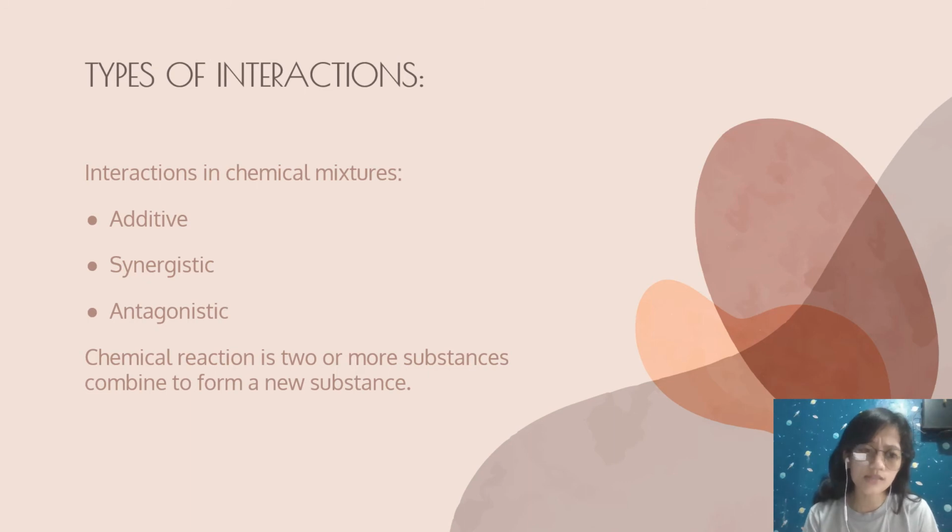So in synergistic, the teamwork is really essential for the better result. And next is the antagonistic. Antagonistic is the negative effect the family of chemicals has on other chemicals. So chemical reaction is two or more substances combined for a new substance.